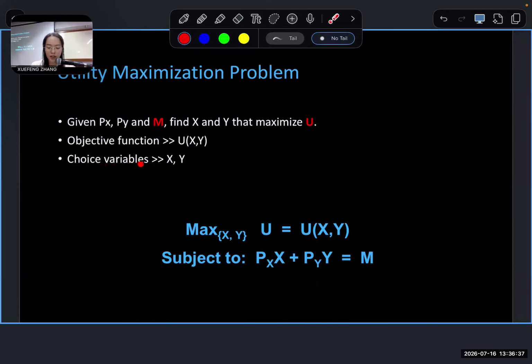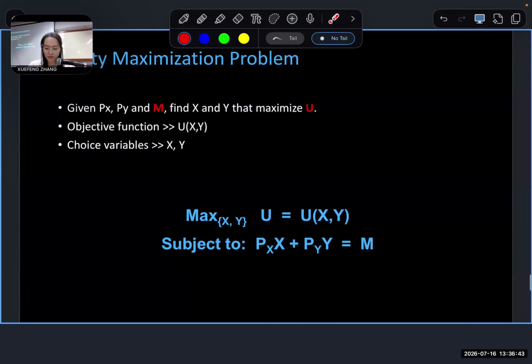The choice variables are X and Y, how much to buy. You read the math as: we need to choose X and Y to make utility as big as possible, but you can only spend exactly M baht, right?